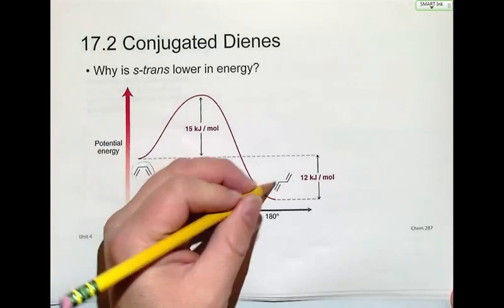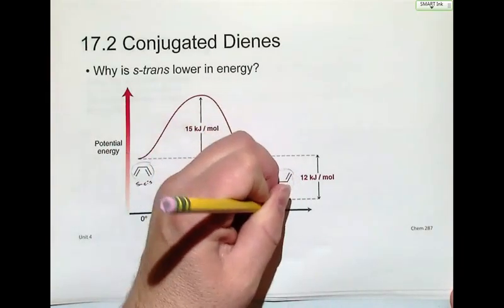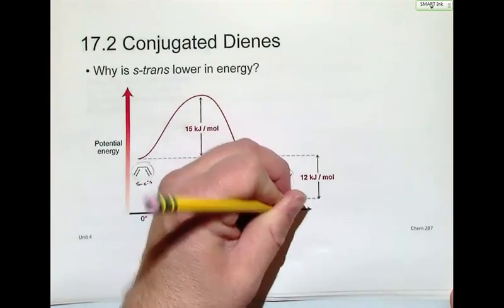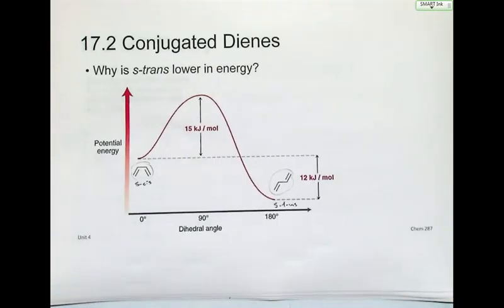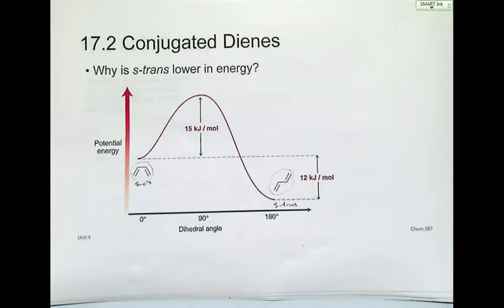We've got S-cis and S-trans. These are the two minima on this energy curve, and there's an activation barrier in going from one to the other. So why do you think, first off, that the S-trans is lower in energy than the S-cis?